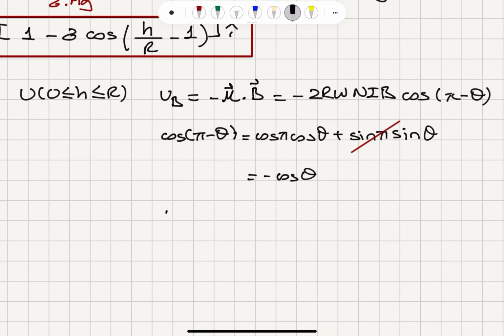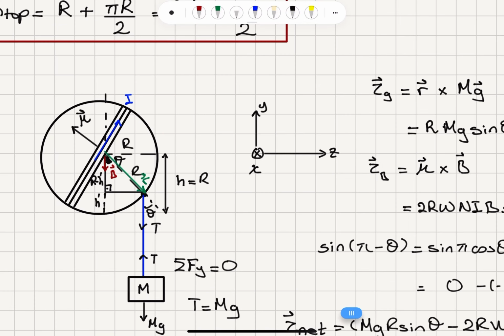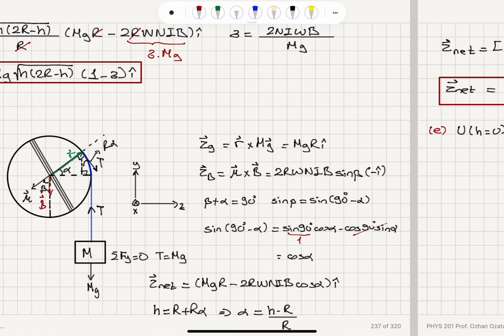So for the magnetic potential energy UB here, with this minus sign and the minus sign coming from this, I'm going to have 2NIRWB cosine theta. And what was cosine theta? According to this figure, it is R minus H divided by R.